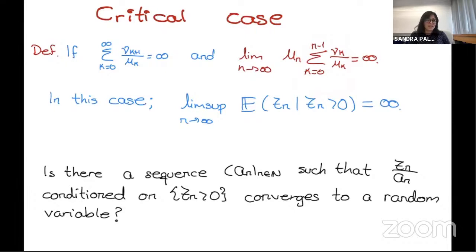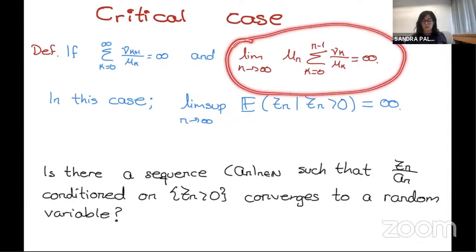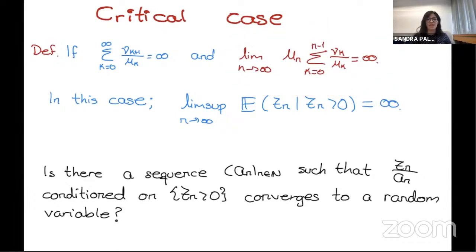And why is this a good phase transition? Well, he showed that under this extra assumption, if we take the limit of the mean of the process conditional on survival, that limit is infinity. And without this extra assumption, that limit is finite.